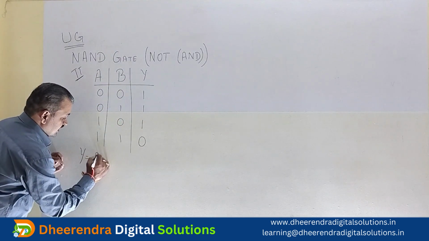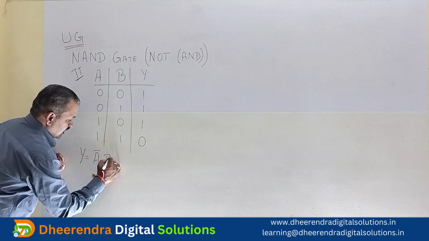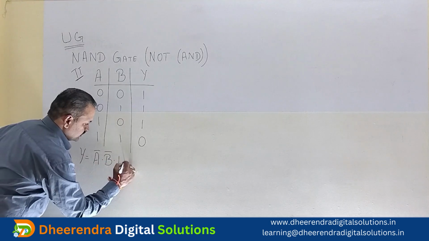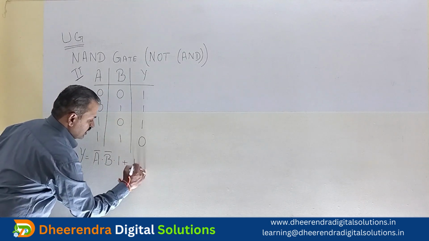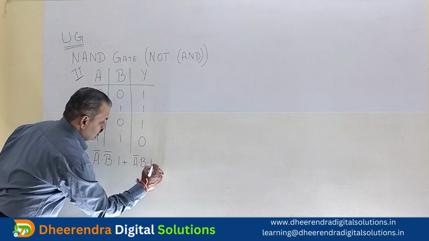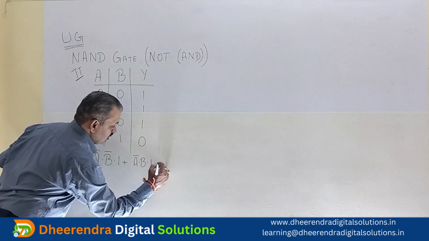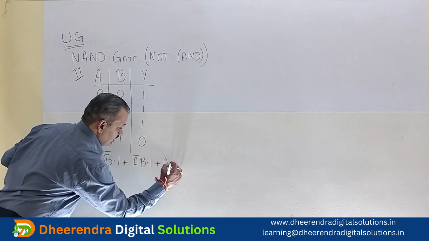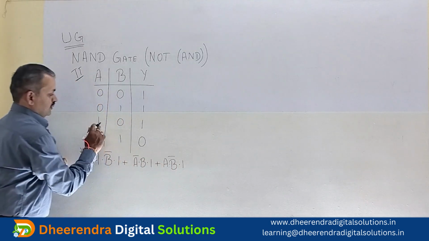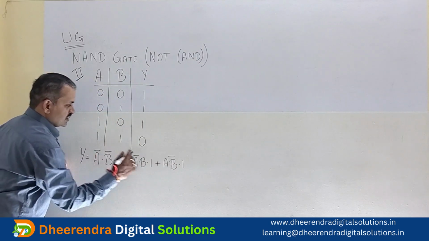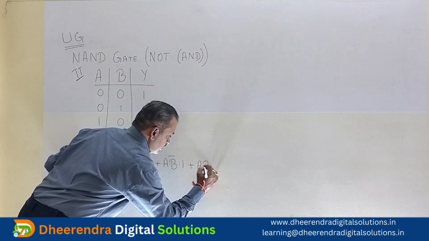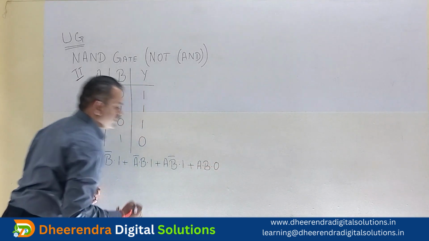So we get A bar B bar dot 1 plus, here it is, A bar B dot 1, the output is 1, that is why we are writing 1, plus A B bar dot 1 for this particular combination. And the last combination is A B dot 0.